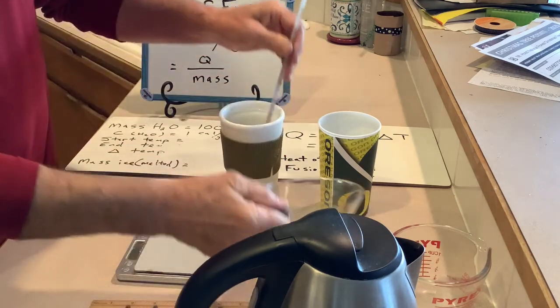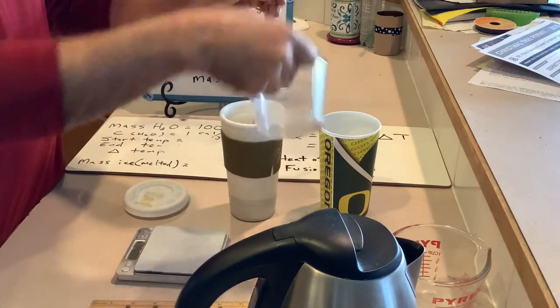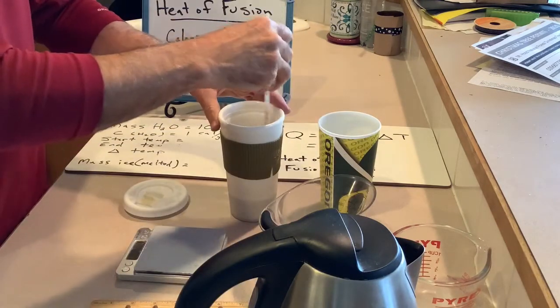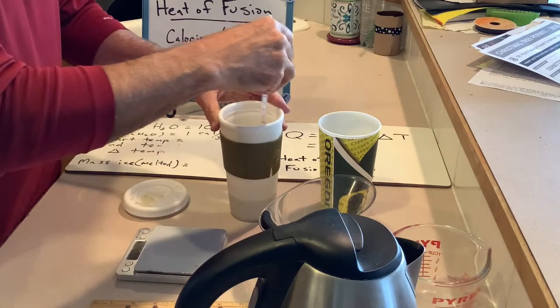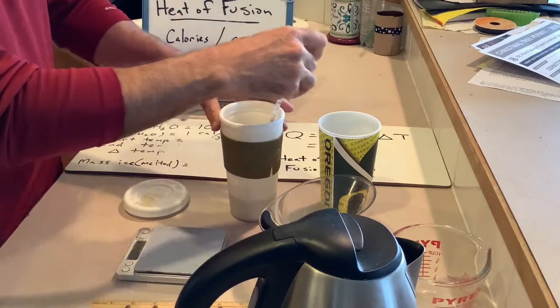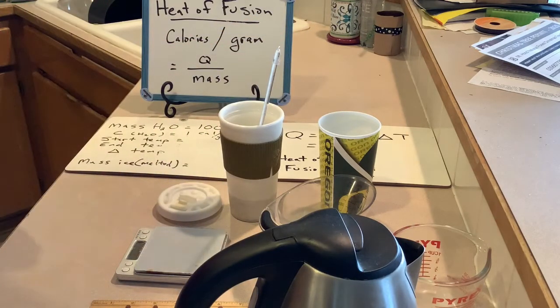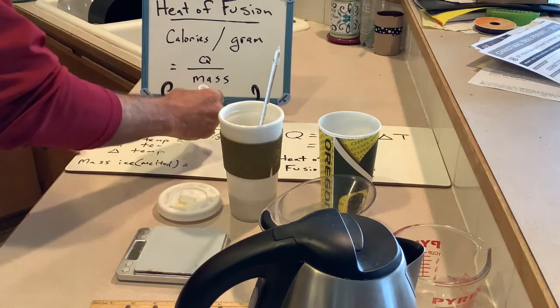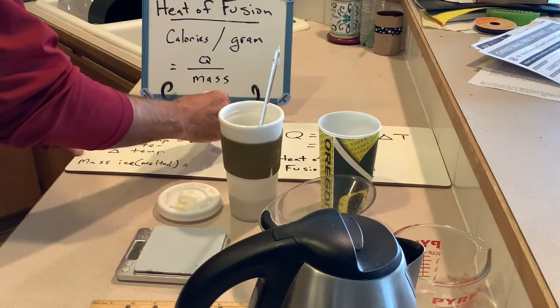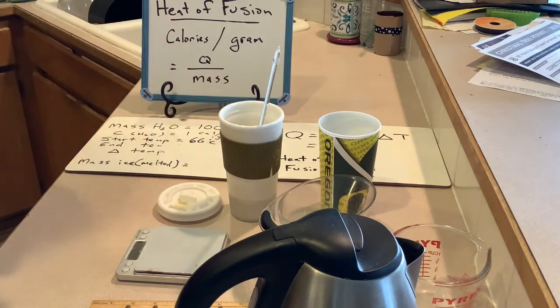All right. So I'm going to pour the ice in here. And of course that warm water should melt the ice. Let that melt here a little bit. So the starting temp was 66 degrees Celsius.